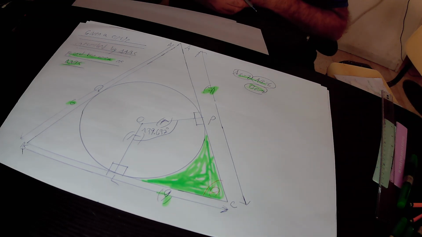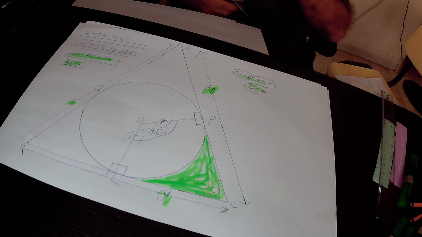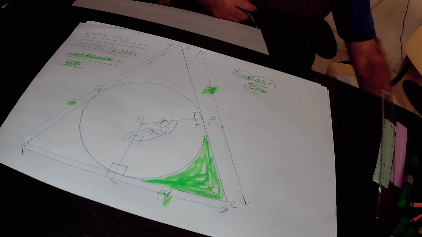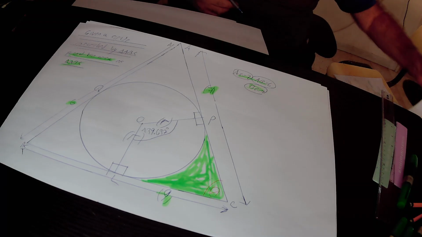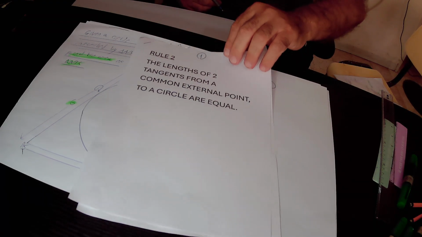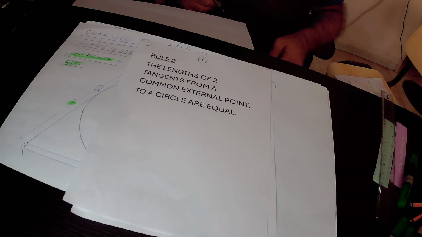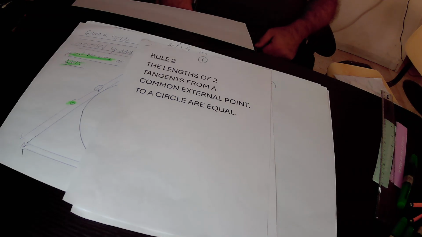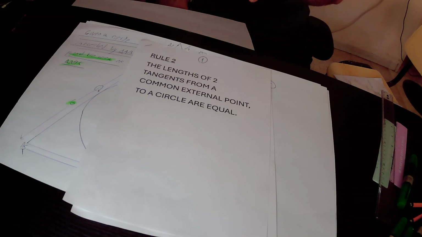In the next step, we will implement rule 2 on triangle ABC. Let me repeat quickly rule 2. According to rule 2, the lengths of two tangents from a common point to a circle are equal.